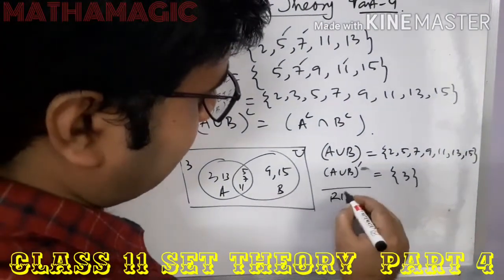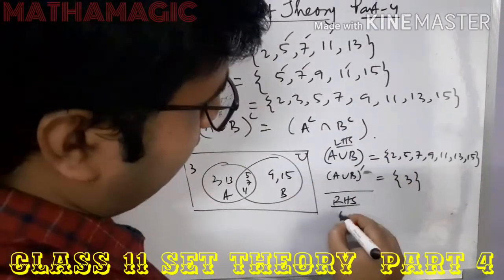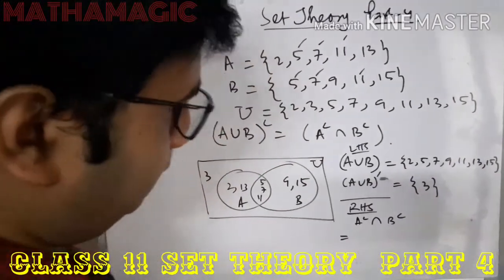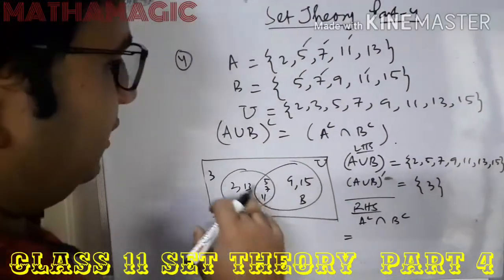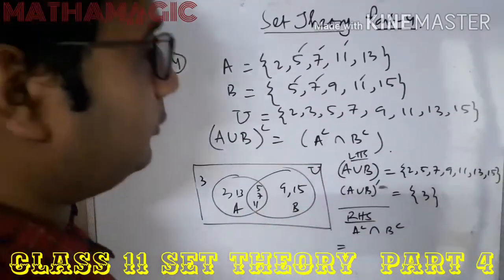Now for the right hand side, we'll take A complement and then intersection with B complement. A complement means the parts which are not included in A but are part of the universal set.